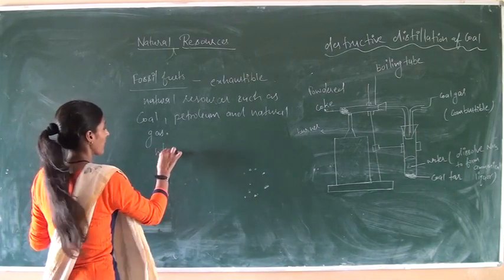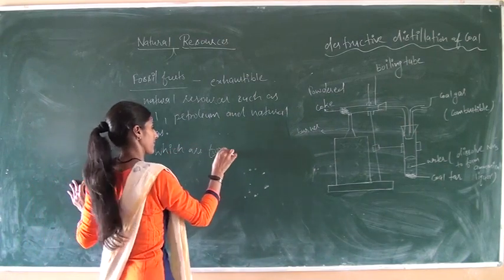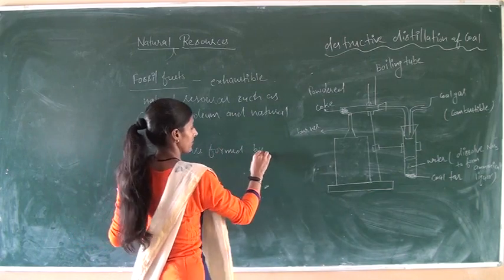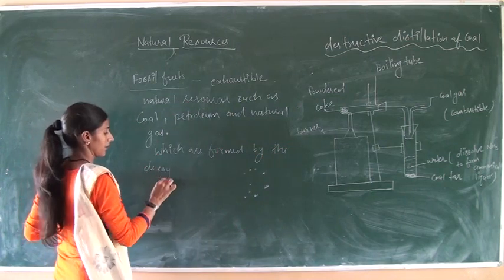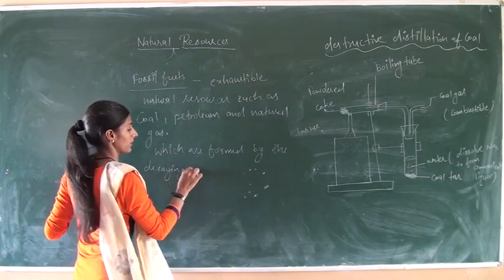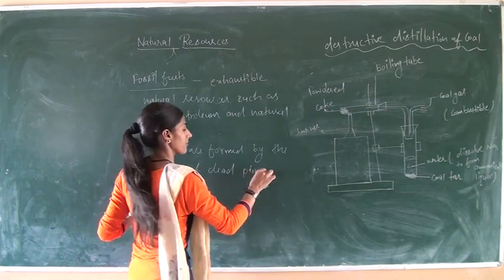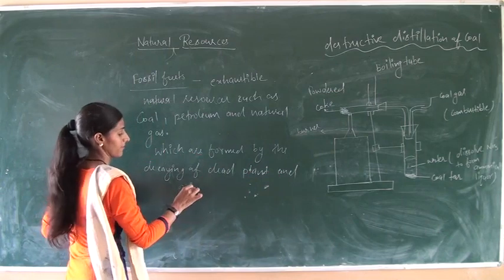These are the exhaustible natural resources which are formed by the decaying of dead plants and animals.